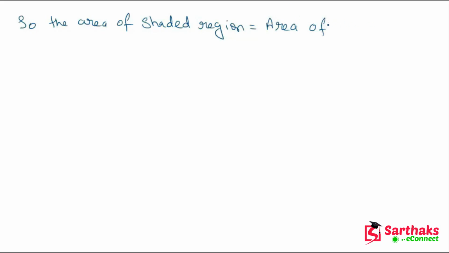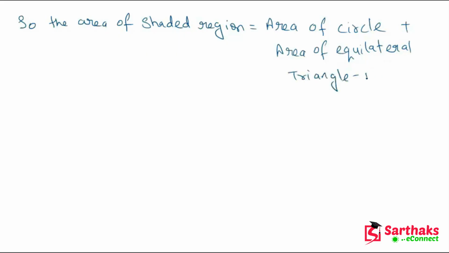Okay, so the area of shaded region is equal to area of circle plus area of equilateral triangle minus area of sector.